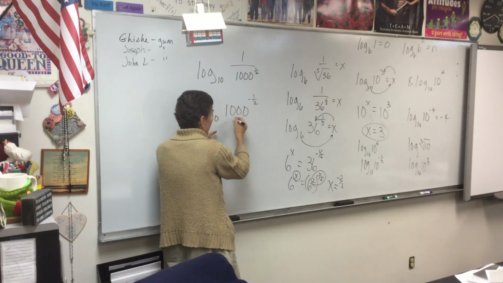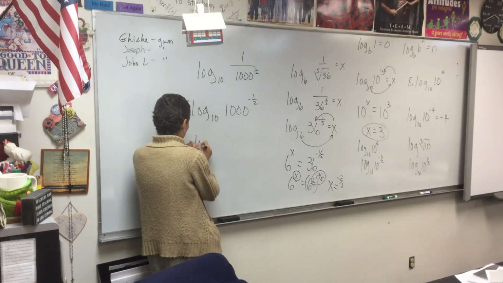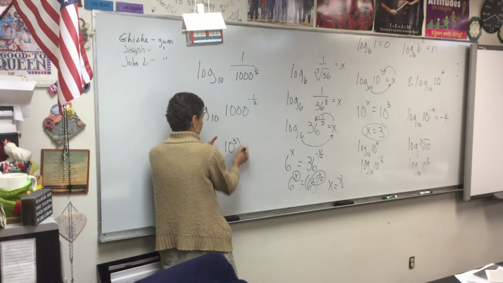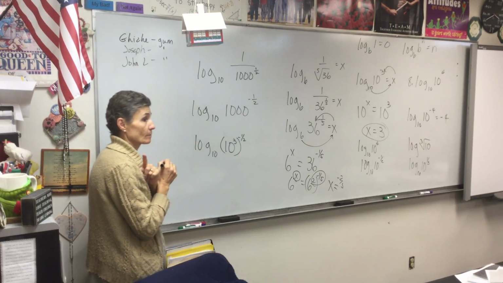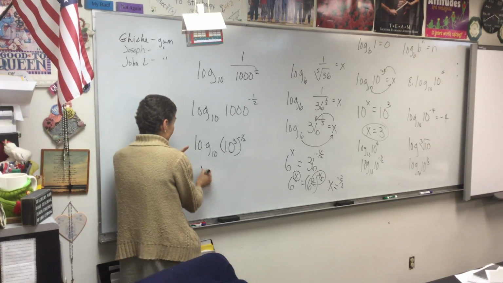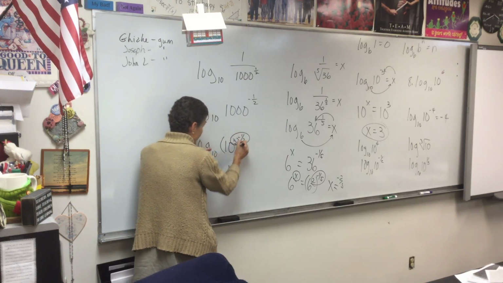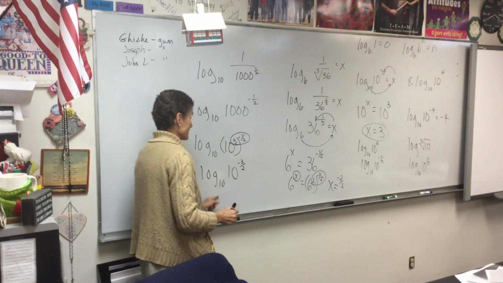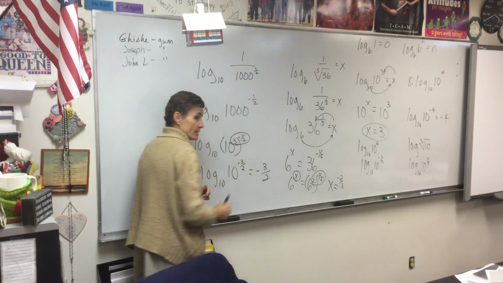So what do you want to do with that 1,000? Be careful, it's not 10 to the 4th, it's 10 to the 3rd. So we have the log base 10 of 10 to the what? Negative 3/2, and the log base 10 of 10 to the negative 3/2 is negative 3/2.